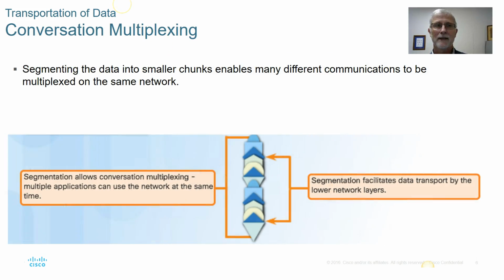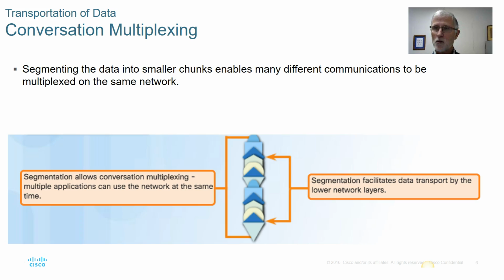Because you usually have only one network interface, and I'm breaking this data up among several different applications, I'm going to do what they call multiplex. I'm going to interleave different applications' data on the same link. Not everyone is going to get access to that network interface all the time.